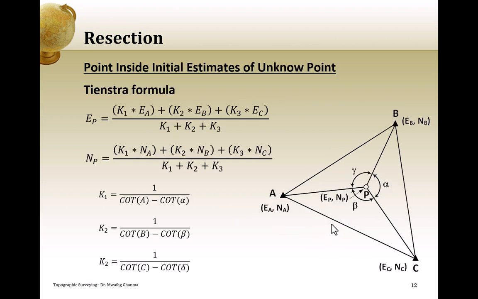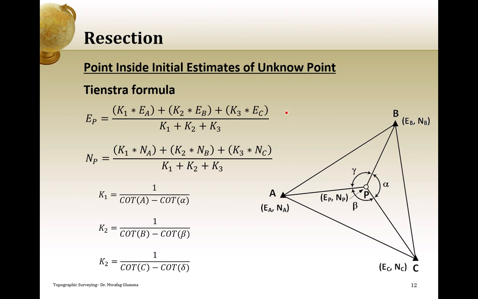One method of doing the solution, not only the initial estimates for the least square but also the solution itself, the triangular solution, is called the Ennstra formula. The proof of this formula is a little bit lengthy and complicated. Not that complicated, but it needs time.